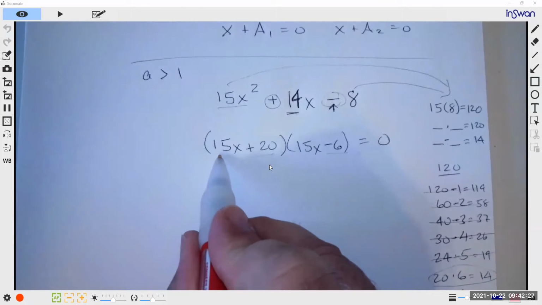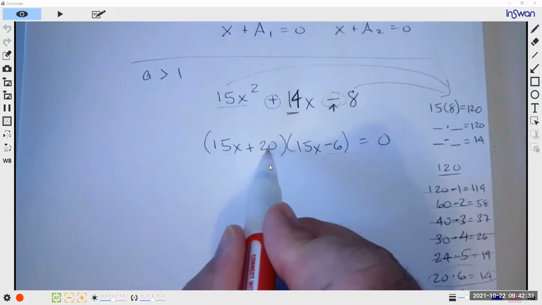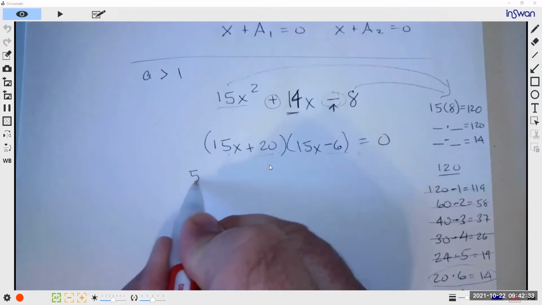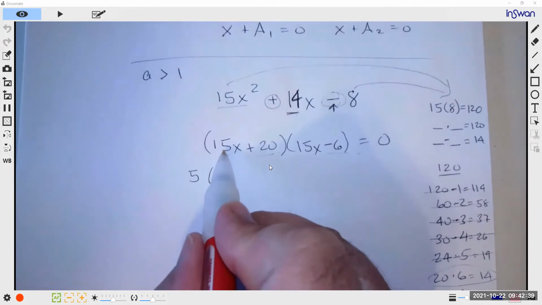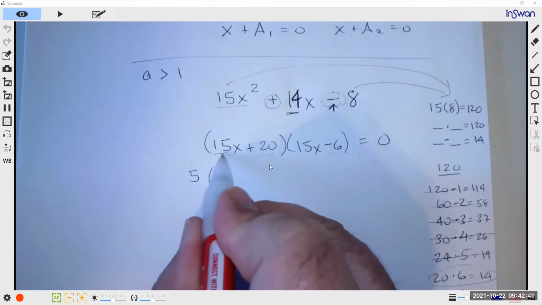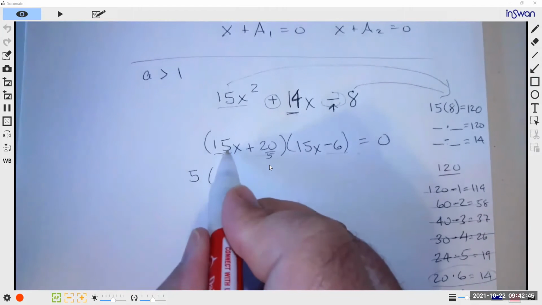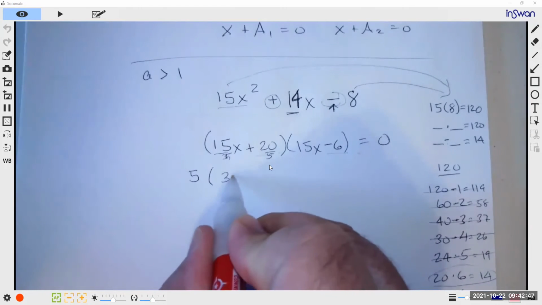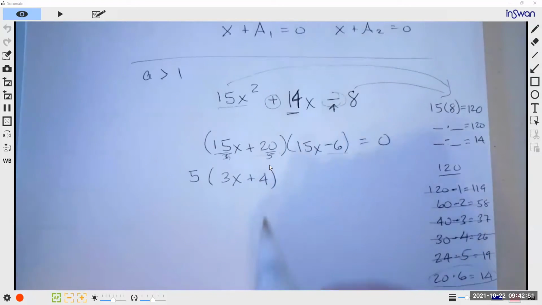Then the next step was factor both of these out. What do they both have in common? They both have a 5. 5 goes into 15. So if we divide each of these by 5 in the first parenthesis, 15 divided by 5 is 3x. 20 divided by 5 is 4.